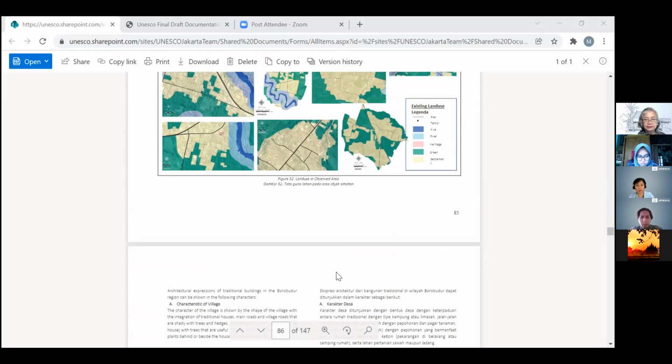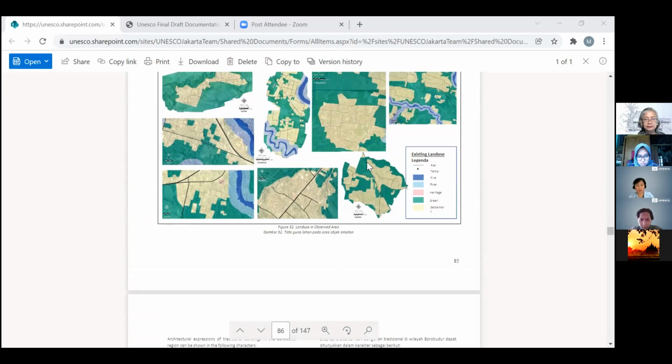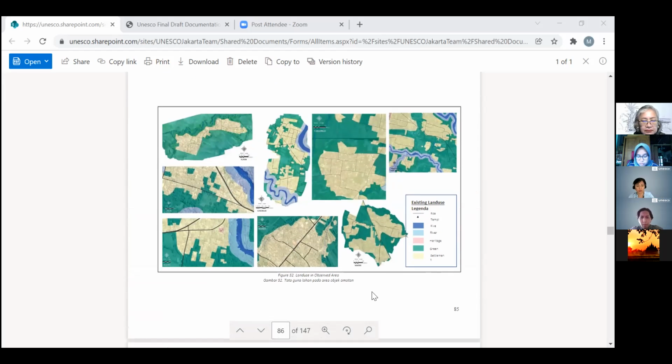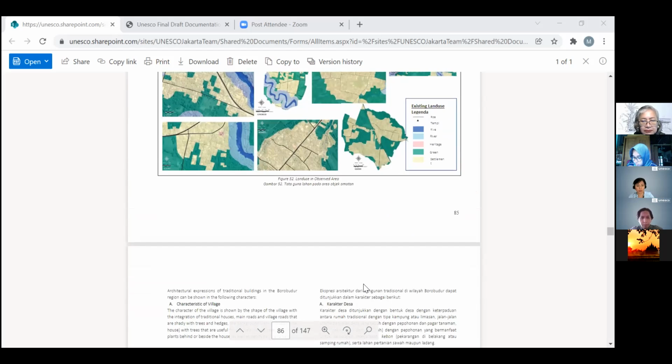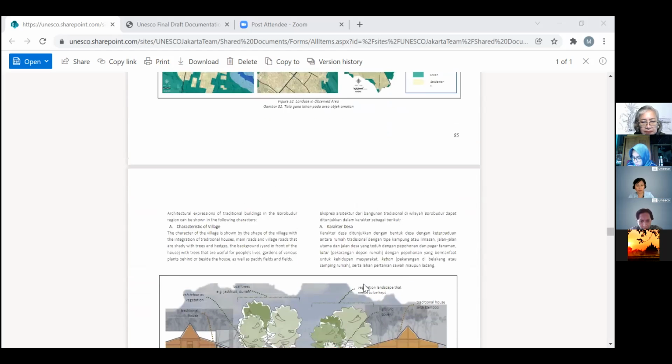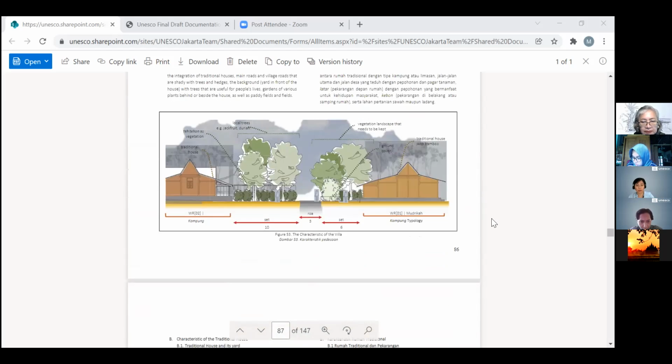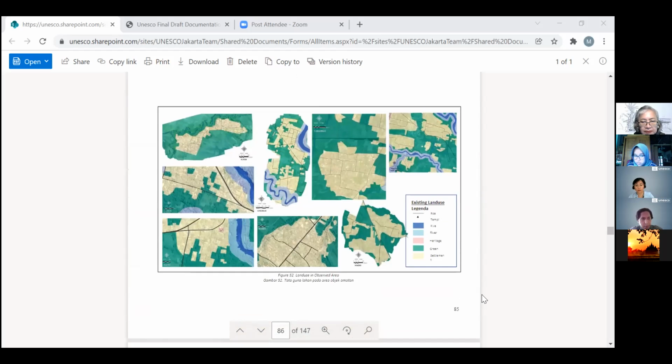Yeah, I know it's much more difficult. That's a much larger survey, but in these sections, you could also explain the relation between the natural environment and the location of the villages, and within the villages how the houses are aligned.